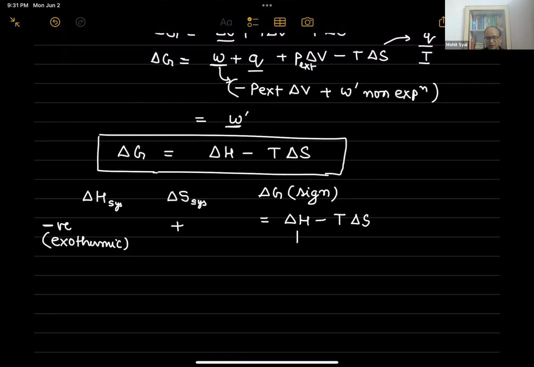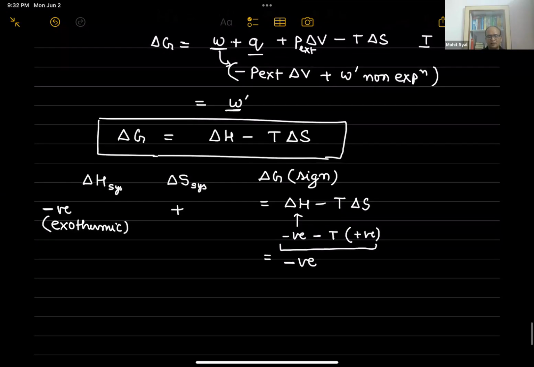So if you put this, delta H is negative, minus temperature, and what is delta S? Delta S is positive. So this whole term is negative, and this is also going to be negative. Negative and negative is going to be negative. Is it clear? Are you getting the point? Yeah.